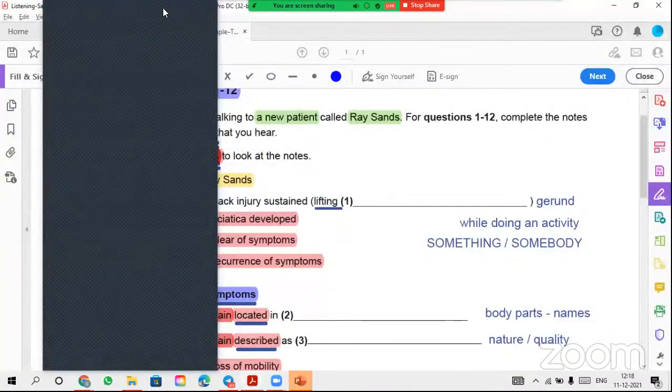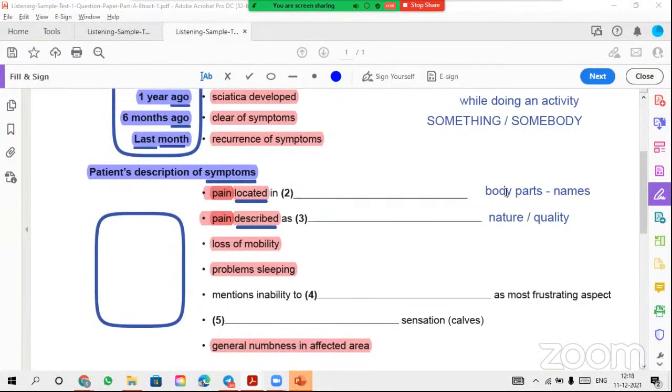Now let us go to the second question. Question number 2 is here. Pain located in body parts. Don't write a generic name, write a specific name.